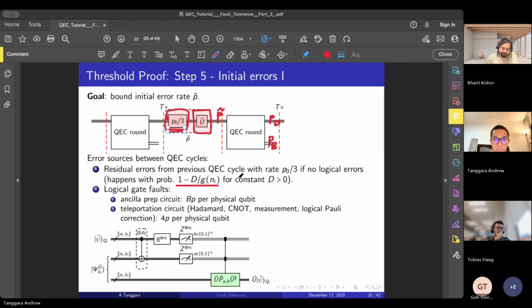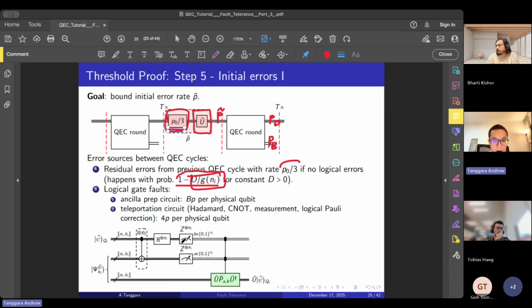So the rate is going to be that if the QEC does not fail with this probability, sorry, the failure rate of the QEC is that. Now we want to look at this teleportation implementation for logical gates.